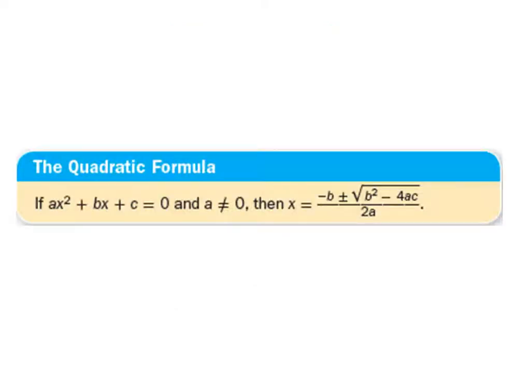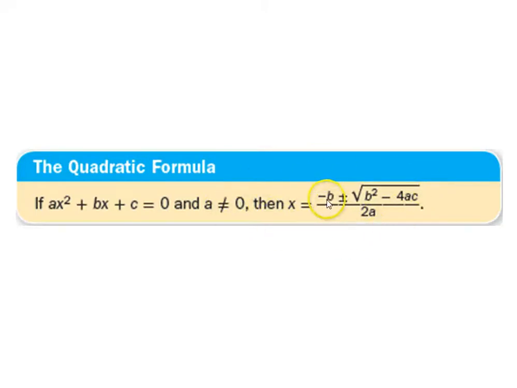And the first thing we need to know, if we're going to do that, is the quadratic formula. And the quadratic formula says that if ax squared plus bx plus c equals 0, and a is not equal to 0, then x is equal to this mess right here.